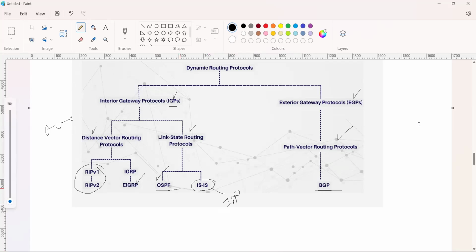But 80% of organizations are using OSPF, and EIGRP is Cisco proprietary, so you can say 20% of organizations use it nowadays.